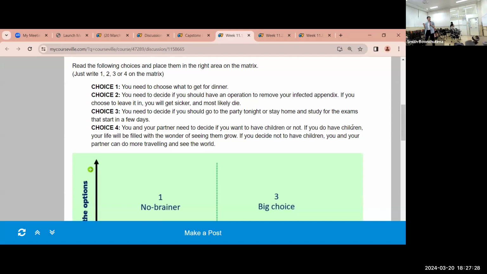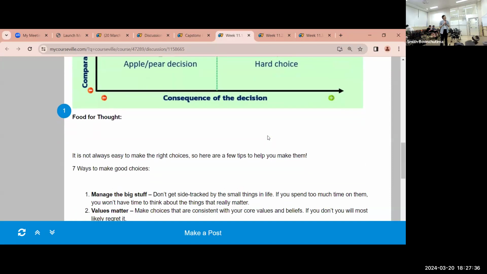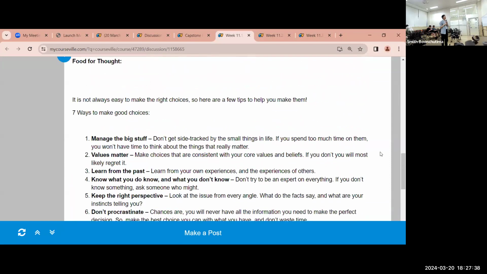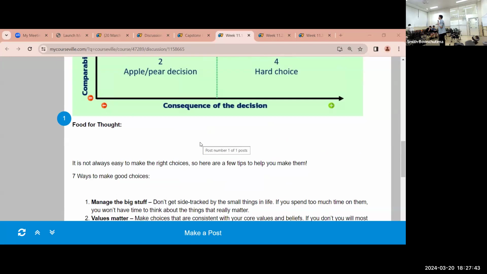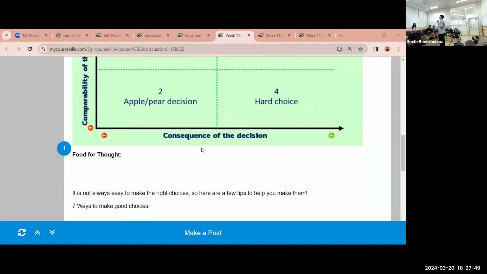Okay, so this is going to fall into the apple and pear decision. It's very clear that you should stay. The comparability is low and the consequence is kind of high.